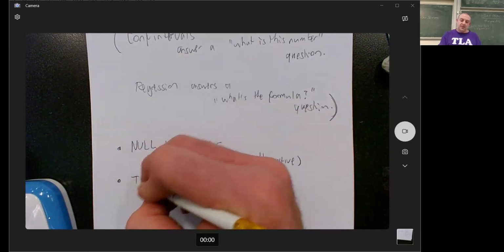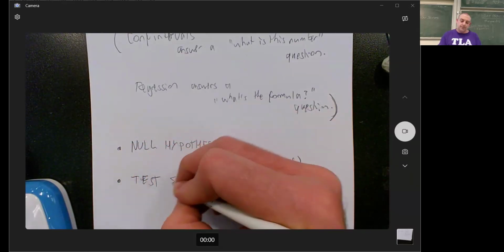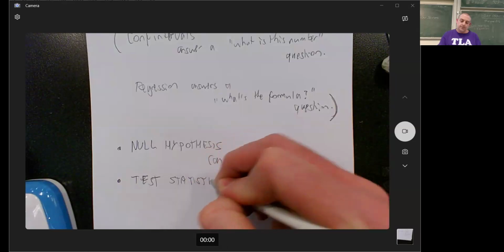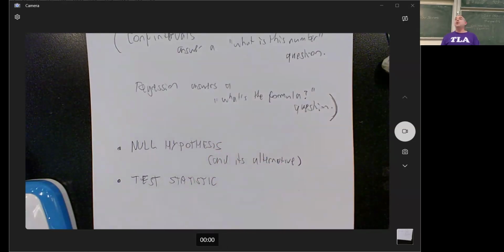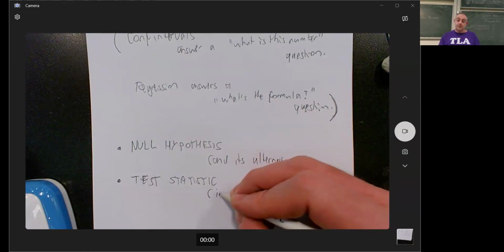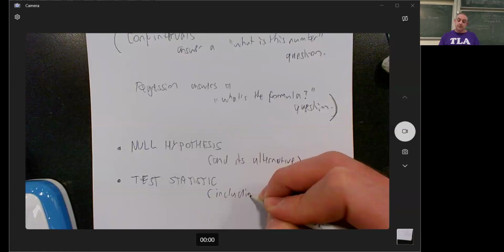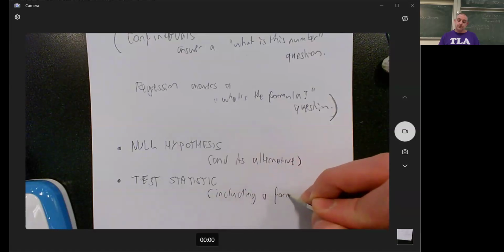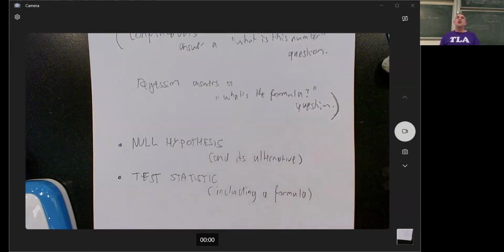They have a test statistic, which will usually have a formula to tell you how to calculate it. And if not a formula, maybe at least some words.